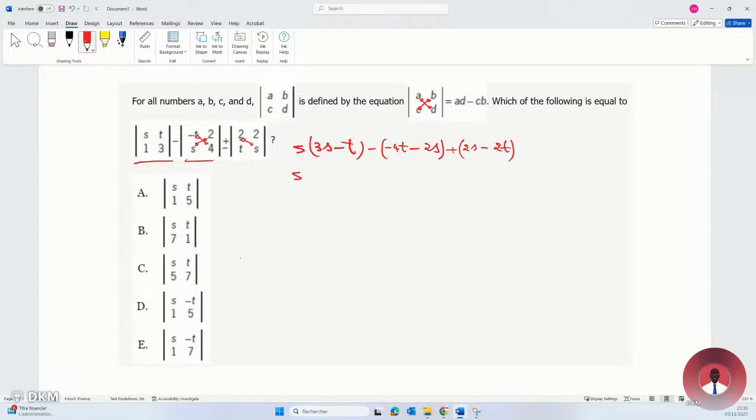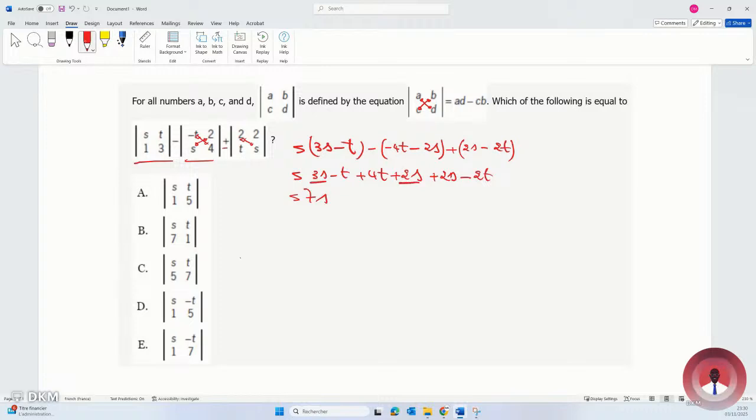So we have 3s minus t plus 4t, minus times minus 4t, minus times minus 2s, plus 2s, plus 2s minus 2t. If we regroup s, 2s plus 2s is 4s, plus 3s here is 7s.